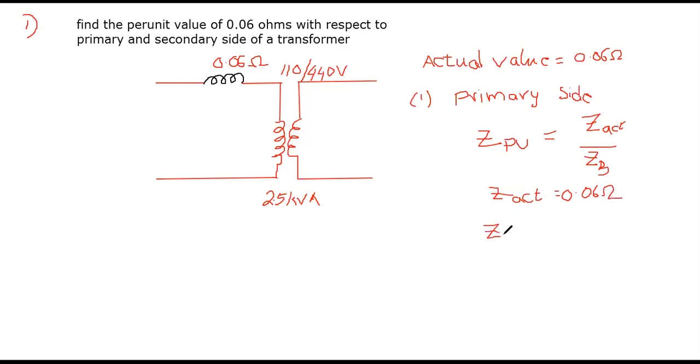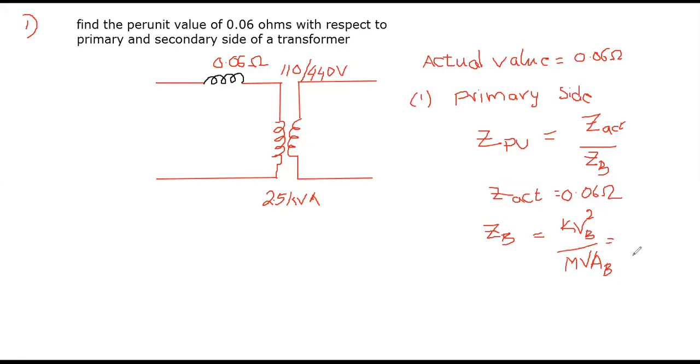So what is Z base? How can we determine Z base? Z base is equal to KV base square divided by MVA base. Already we have derived all these expressions. Now what is KV base?